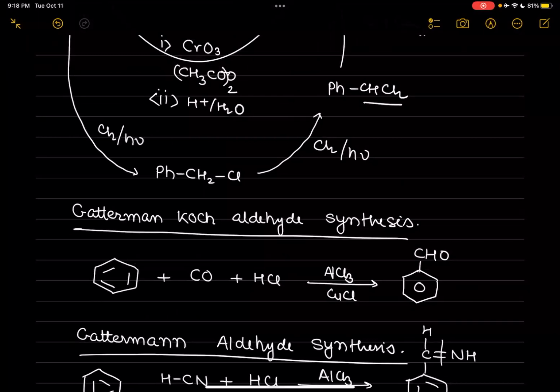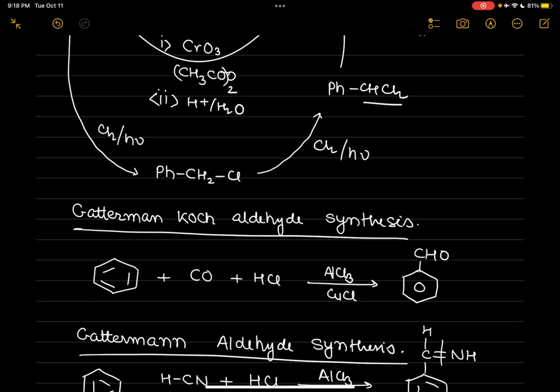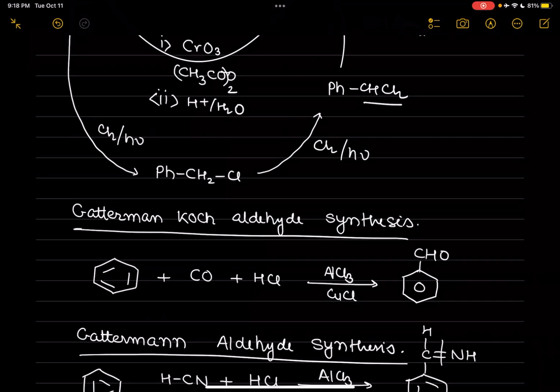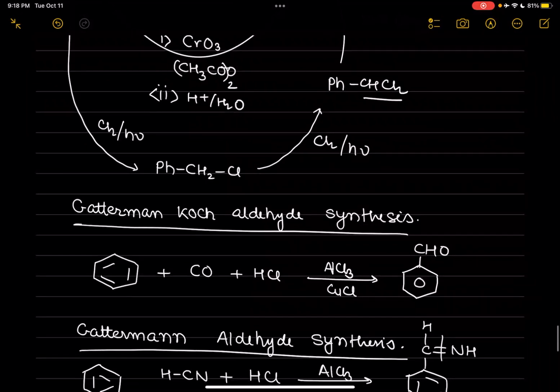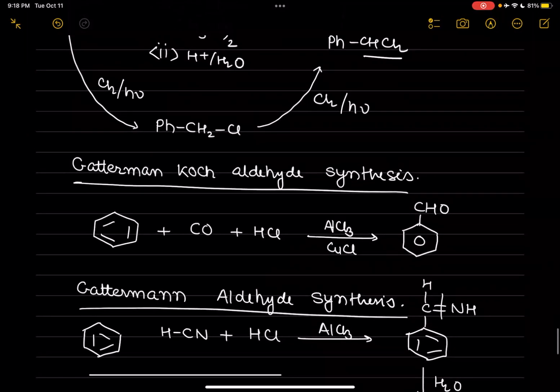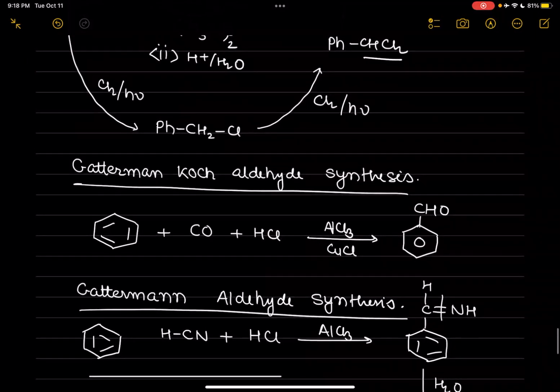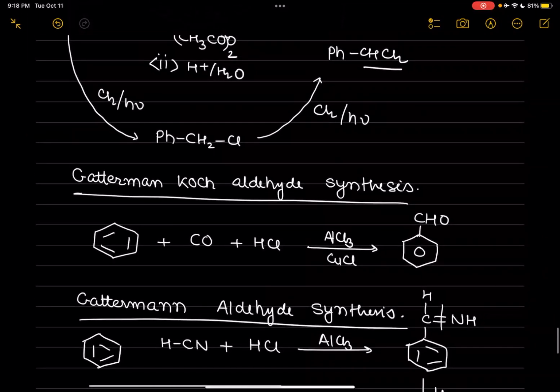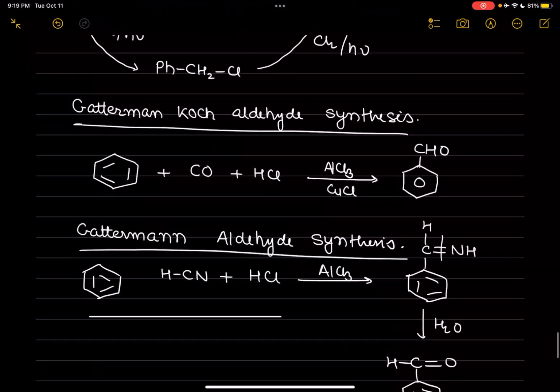Yes, sir. But if you want to bring a CHO group onto an aromatic alcohol, phenol, then what are you going to do? Sir, Reimer-Tiemann. Yeah, Reimer-Tiemann.